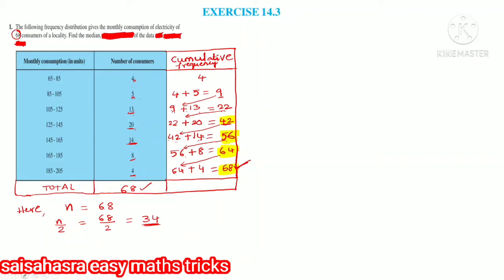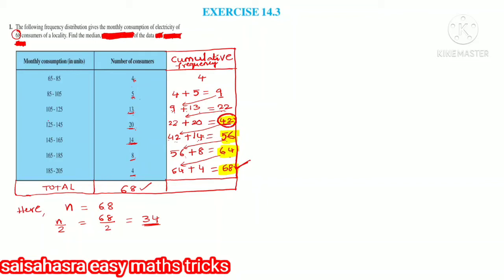Among all those, which is just bigger than 34, that we have to see. Just bigger than 34 is 42. These all are smaller. We need only values more than 34: 42, 56, 64, 68. In this, the one just nearer to 34 is 42.